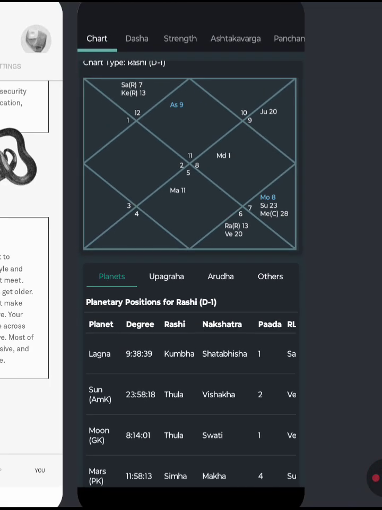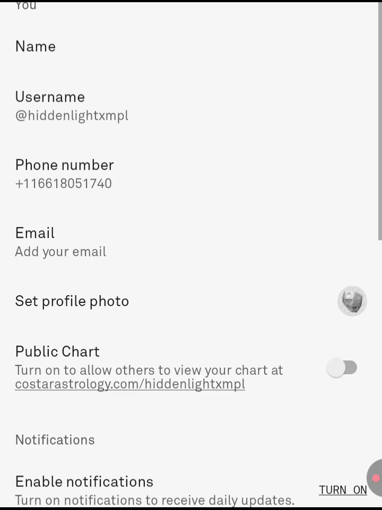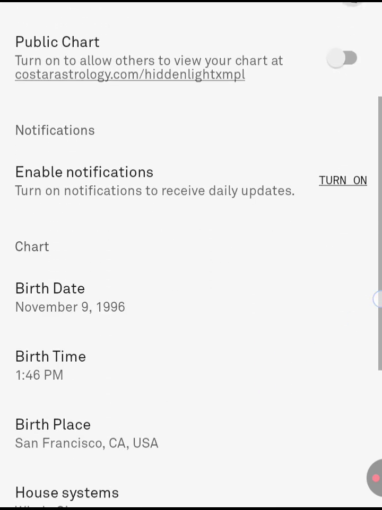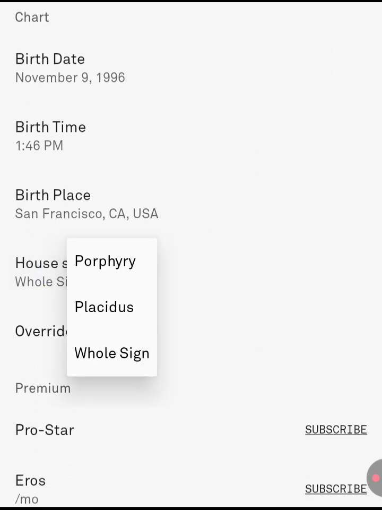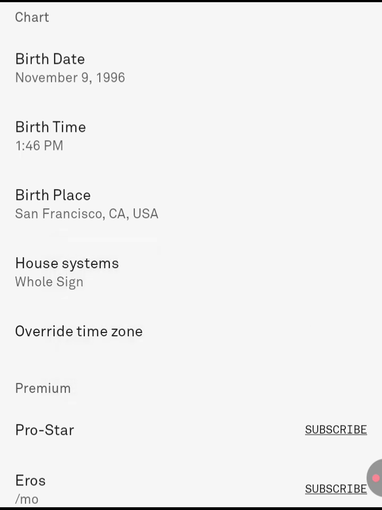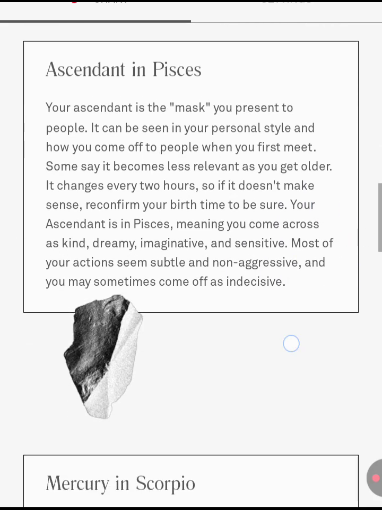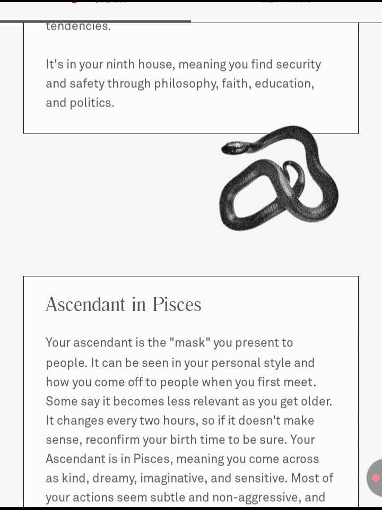As you get more advanced, you're going to find that in a lot of the settings, for example, you could have different house systems such as Placidus, Porphyry, whole sign, and so on. We'll get into that later as well. But I just wanted to put this out there for those people that either get a reading from me or get curious about my approach and want to replicate that on a more accurate level.